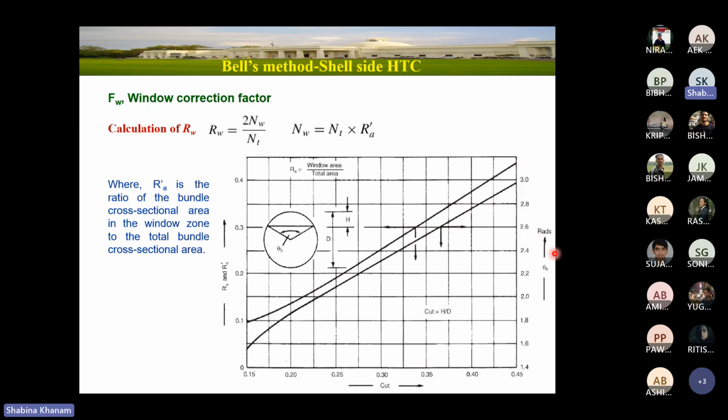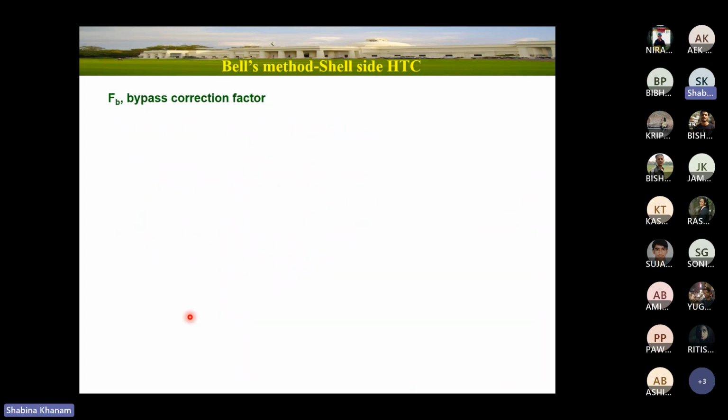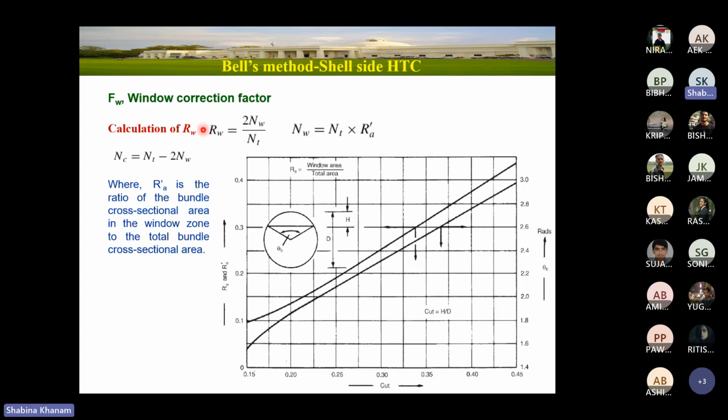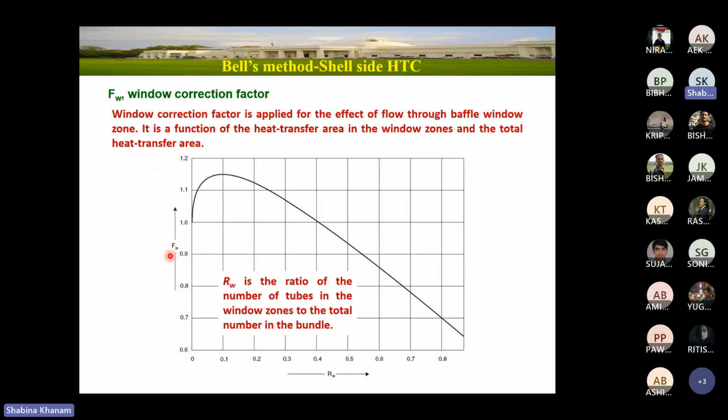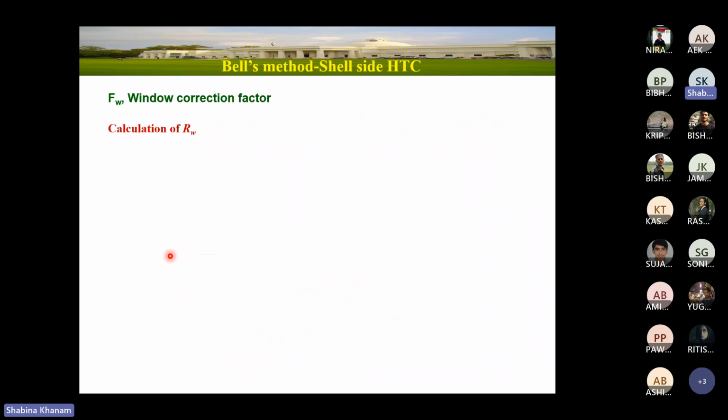From this you can see the value of theta b, but here we only need RA prime. So you need to calculate the bundle cut first, then read RA prime. Once you know RA prime, you can calculate NW, then RW, and once you know RW, you can find out FW, that is the window correction factor.